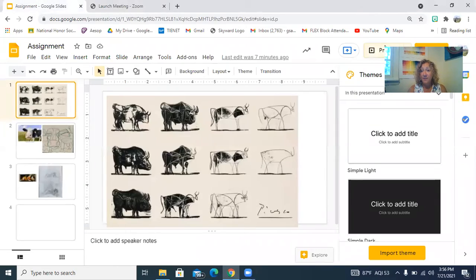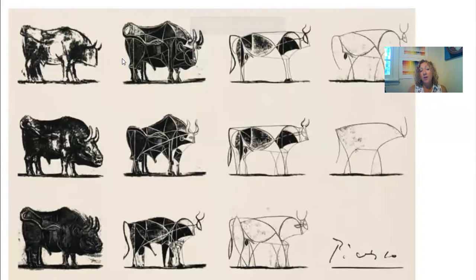So first, what I want us to do is look at Picasso's actual transition of his bulls. This is a famous series of drawings by Picasso, and it shows on the upper left-hand side that he started with an image of a bull.